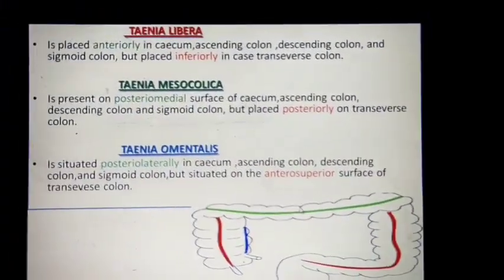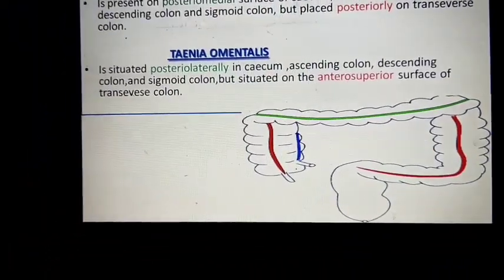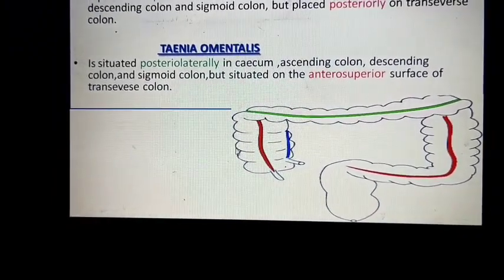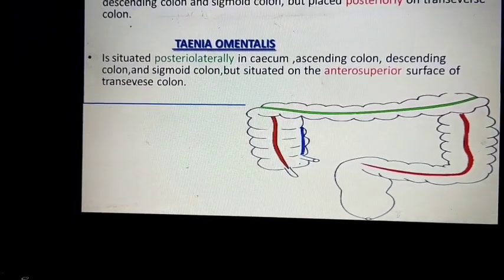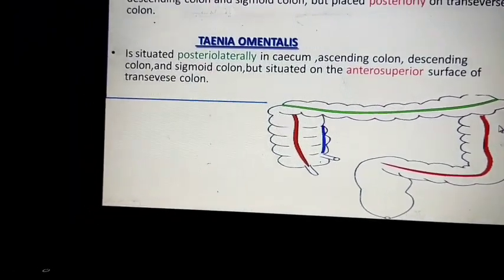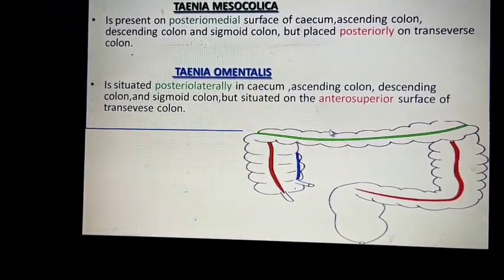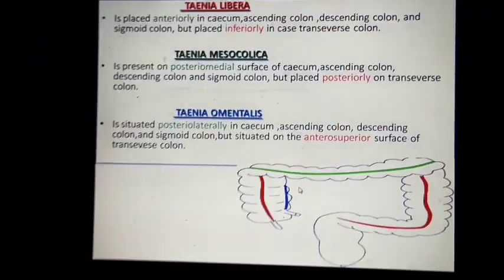Then tinea omentalis is situated posterolaterally here. You can see here, posterolaterally in the cecum, ascending colon, descending colon and sigmoid colon, but it is situated anterosuperiorly in the transverse colon.